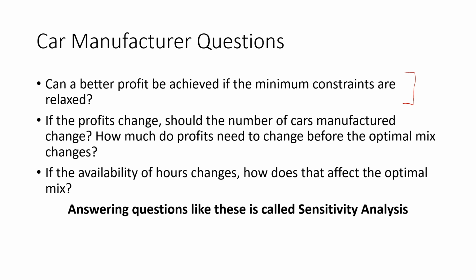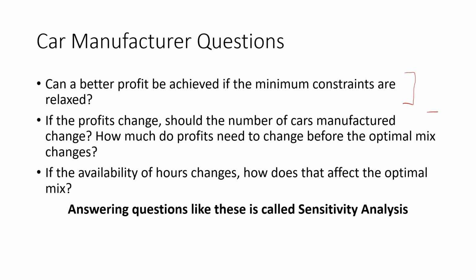What if all of a sudden instead of 720 hours, I can get 800 hours? How does that change? Can I change my profit if I do that? And if yes, is it worth it? So if it costs me another $5,000 to change that constraint, is it worth it? Or am I going to be spending more money than I make back? Those are the types of questions that's, again, the sensitivity analysis that we're going to be getting into.